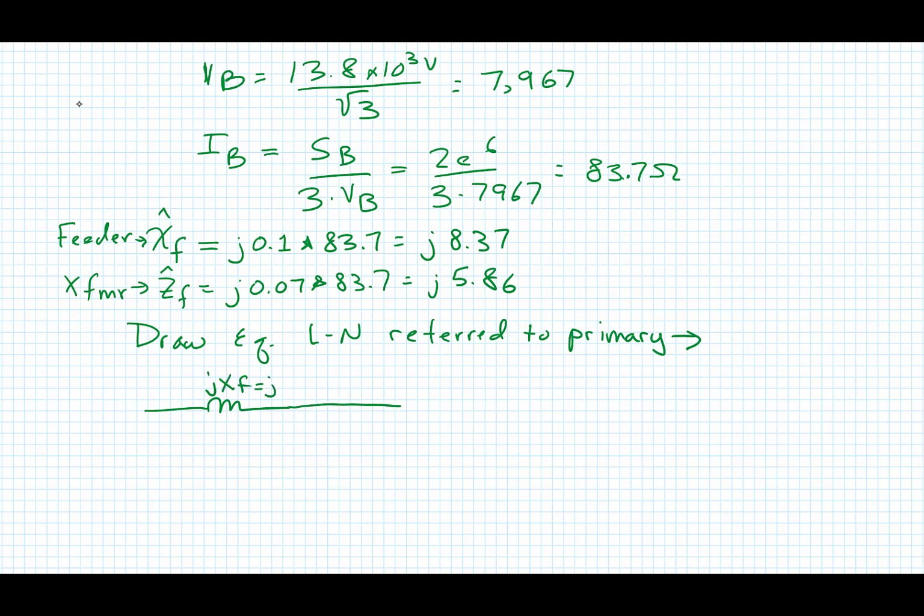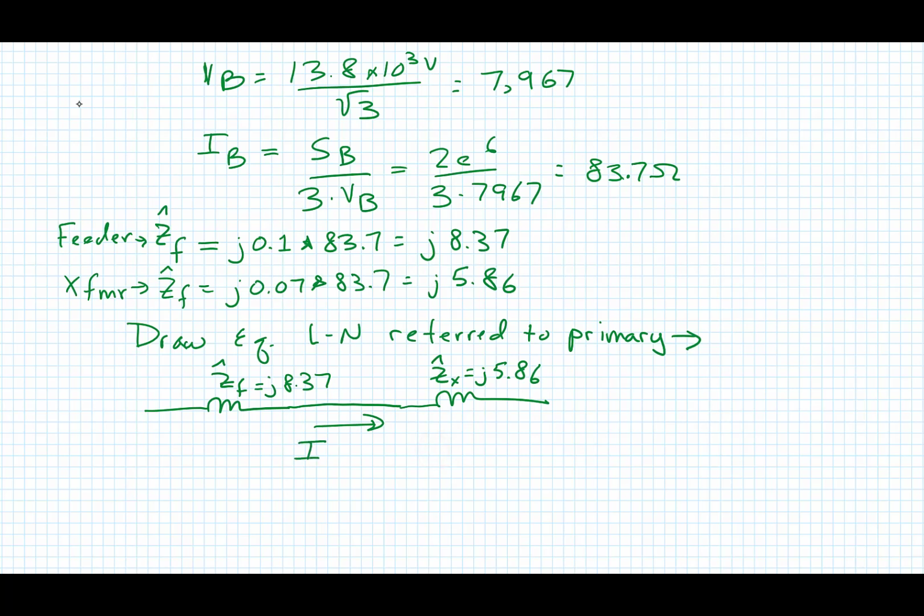It's equal to j8.37. jZ transformer. Let's go back and make this consistent. Impedance of the feeder, impedance of the transformer, j5.86.